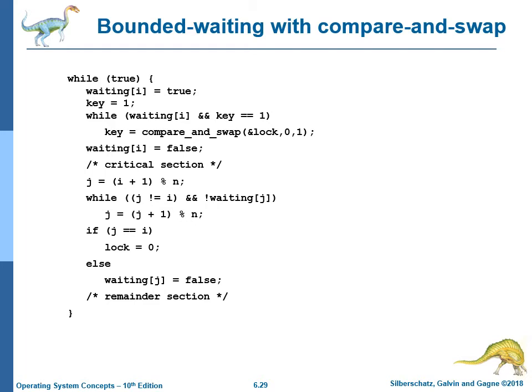So it designates the first process in this ordering, that is in the entry section, which is next one to enter the critical section. So any process waiting to enter its critical section will do so within n-1 turns. So okay, kita akan nampak implementation atomic test and set ni dengan compare and swap ni instruction dalam implementation nanti.